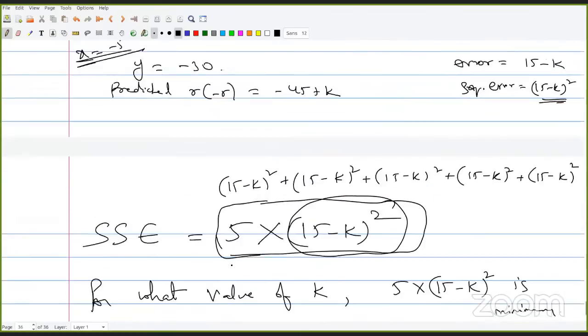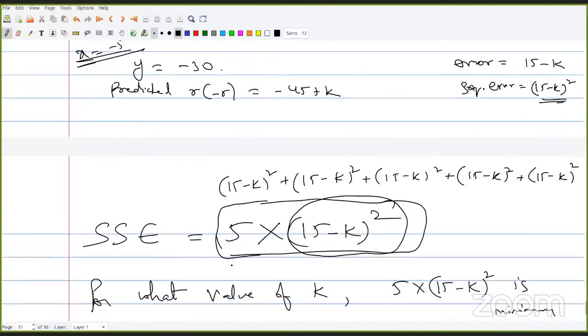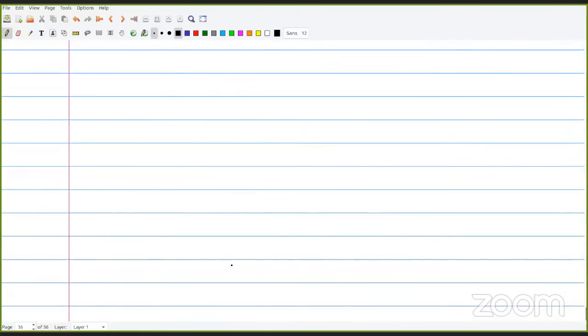Sir, please tell, when there is a question on SSC, how should we find c? See, just now I explained how we should find k. No, sir, it was not like that. In the question, it was a quadratic equation. Okay, just give me the quadratic equation. It was something like 5c square minus 34c plus 59. Ultimately, you got SSC as a quadratic in c. Whatever it is, you got a quadratic equation ultimately, right?